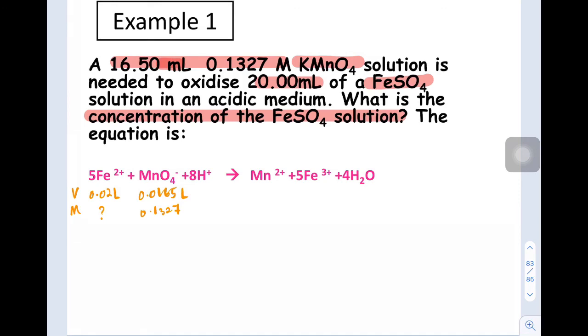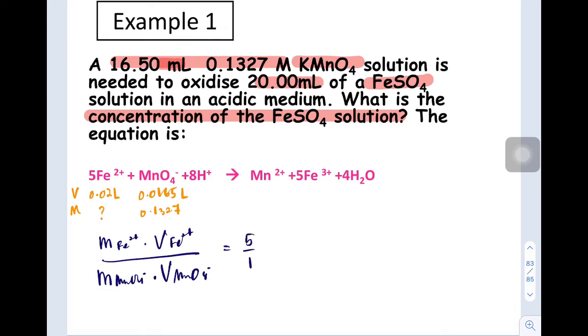So we will use the MAVA equation. In this case, I will take iron as my A, so that MFe2+ multiplied by VFe2+ over MMnO4- VMnO4- is equal to 5/1. Make the molarity of the iron the subject.